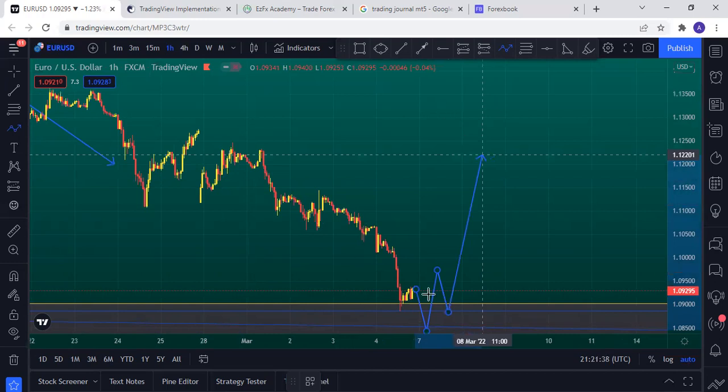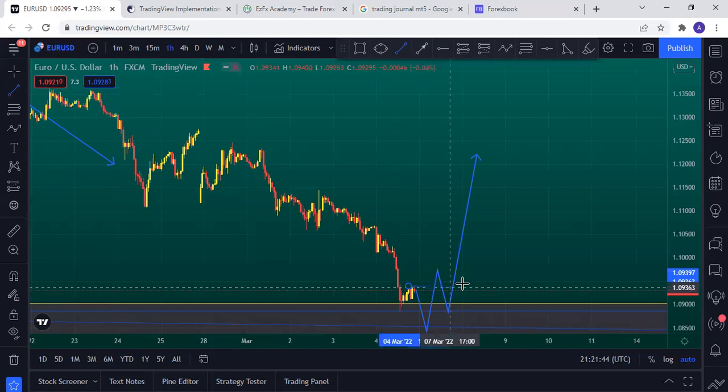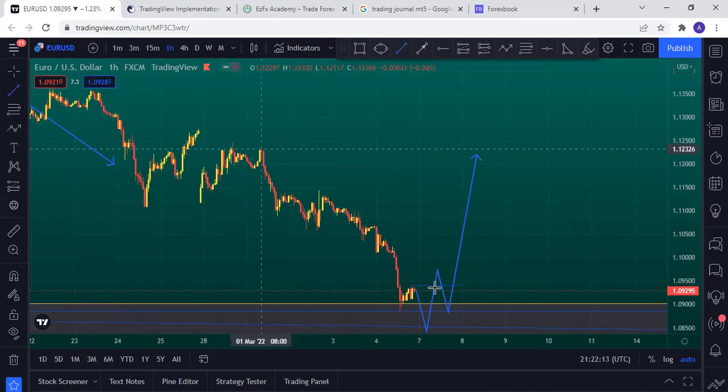Which means that I want to see price at least break structure, maybe somewhere around here or somewhere else, but I just want to see that happen. Because at that same point, we should be seeing a break of this trend line.